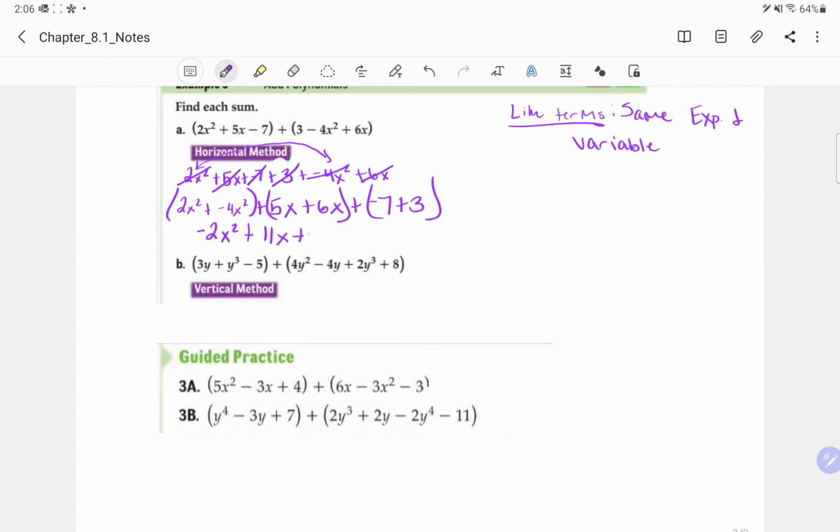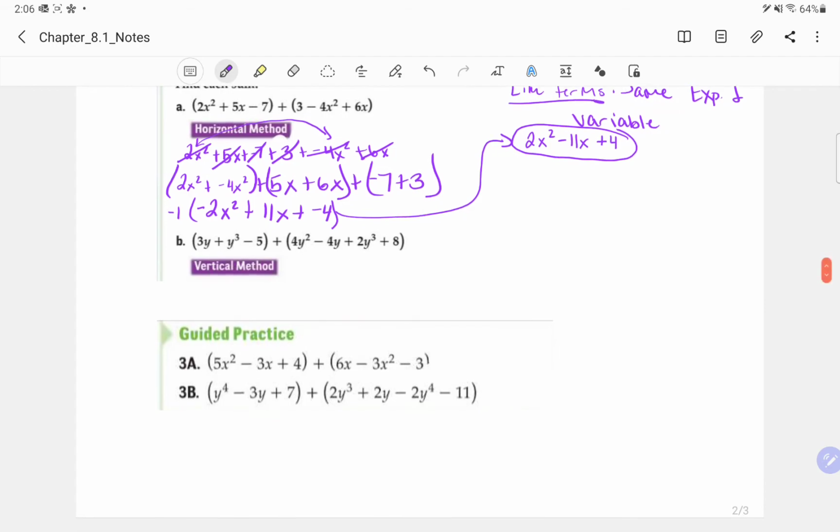Plus negative 7 plus 3 would be negative 4. Make sure you simplify this, and you need to make your leading coefficient positive, so multiply it by negative 1. So 2x squared minus 11x plus 4 would be our answer.